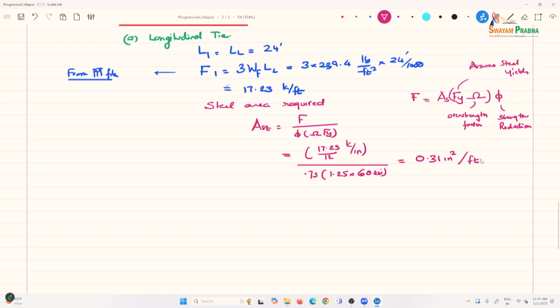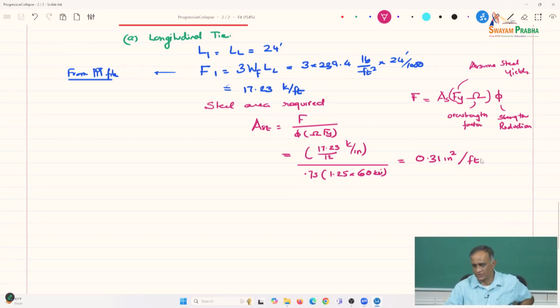Essentially, a number 4 bar, that is a half inch diameter, that is a 12 mm bar. 12 mm bar is 0.2. So, basically you are saying 12 mm bar at about 8 inches center to center, so to speak. But let's not worry about that.